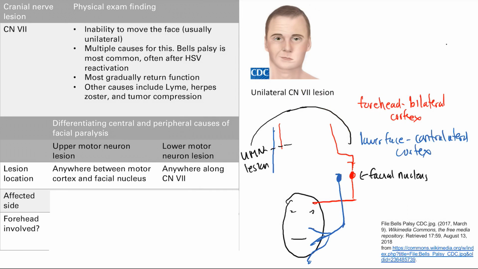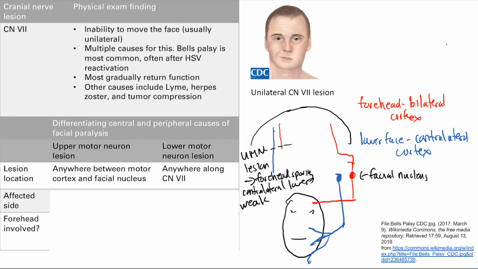And it's the contralateral face from the lesion that does not work. So we see that an upper motor neuron lesion leads to forehead sparing, contralateral lower face weakness.